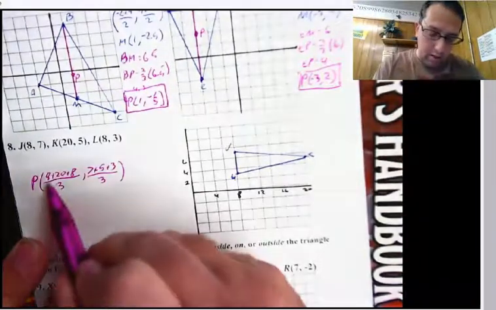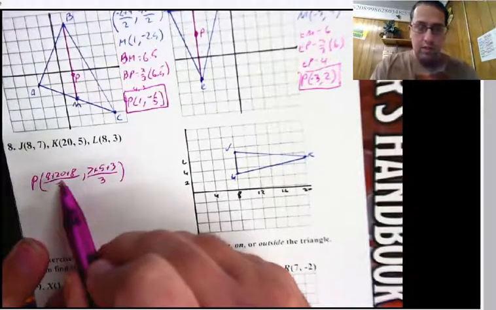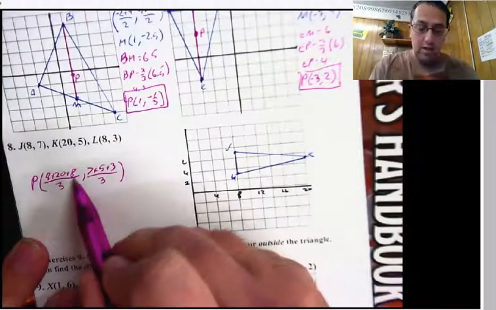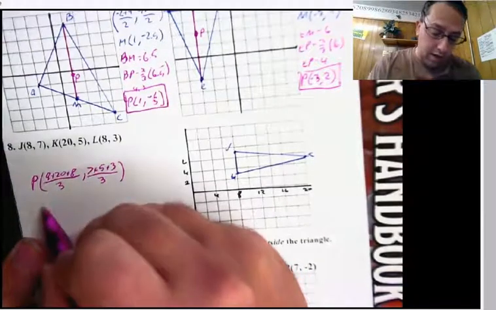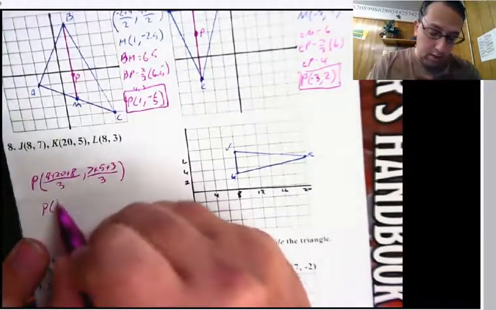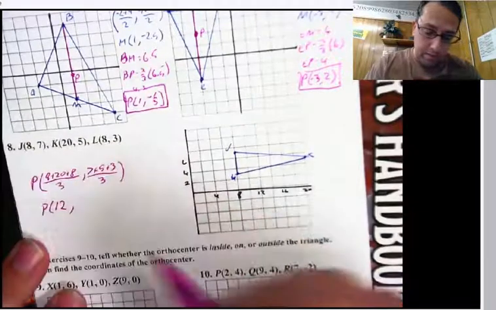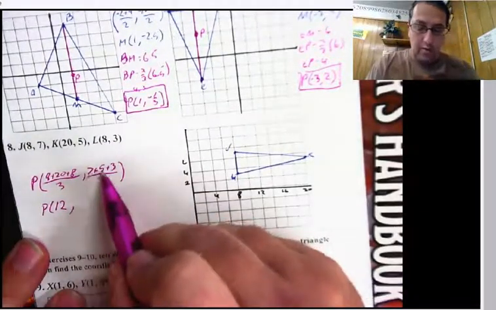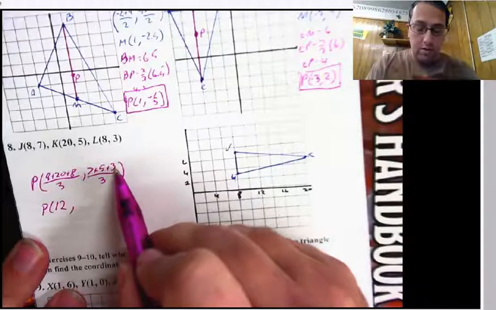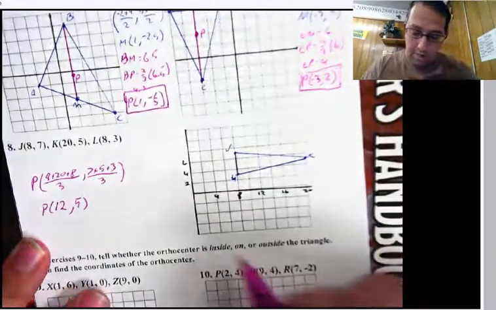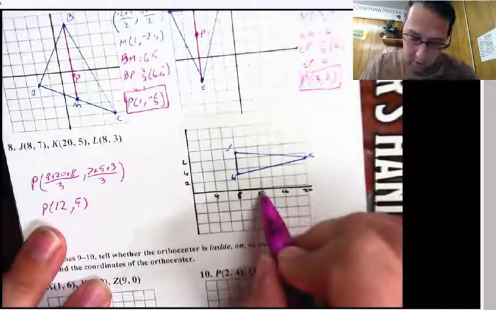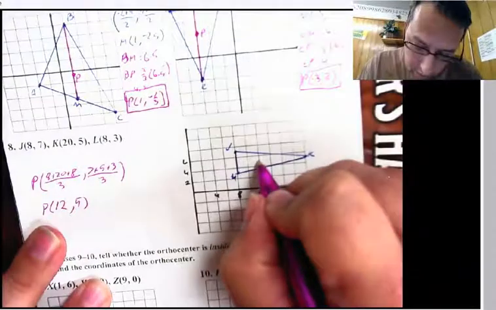So let's take a look at this. 8 plus 20 is 28, plus 8 more is 36. 36 divided by 3 is 12. 7 plus 5 is 12, plus 3 is 15. 15 divided by 3 is 5. That puts point P at 12, 5 right here.